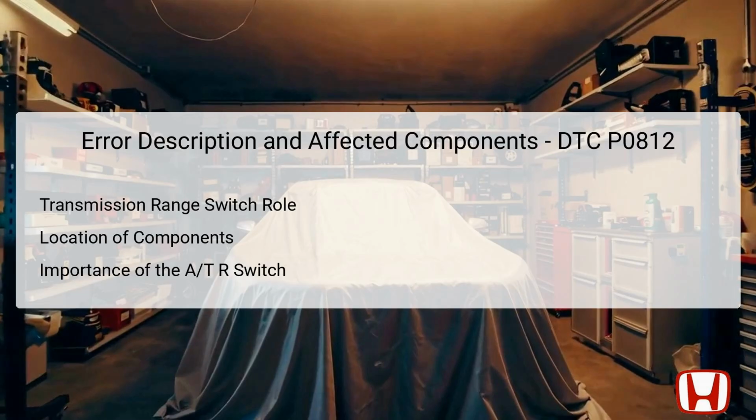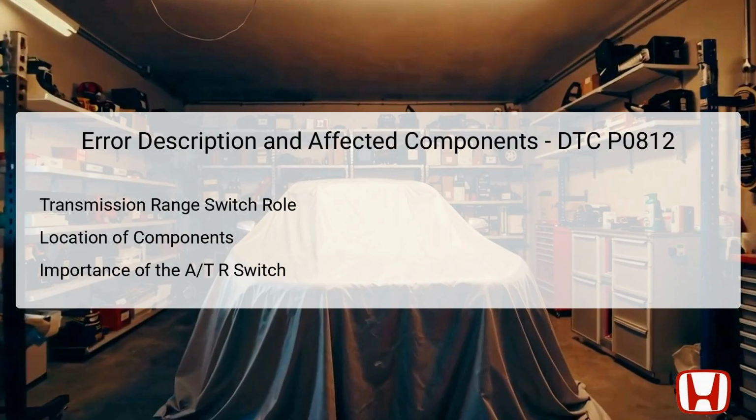The transmission range switch is integral to the proper operation of the automatic transmission system. It interprets the vehicle's gear status and communicates this information to the PCM, ensuring that the engine and transmission work in harmony. In the Honda Civic, this switch is located in close proximity to the transmission, connected via a 10-pin 10P connector.